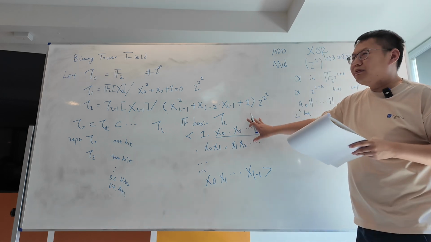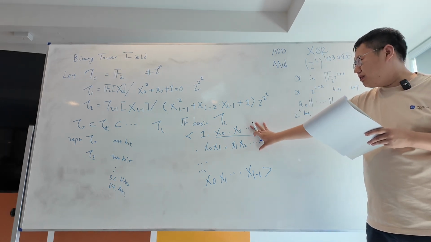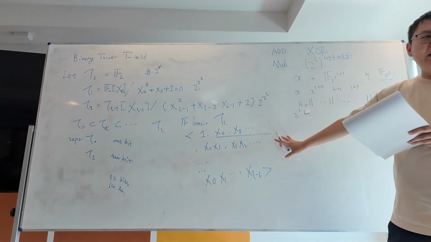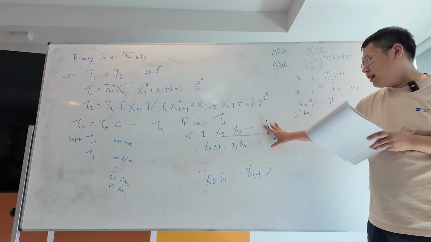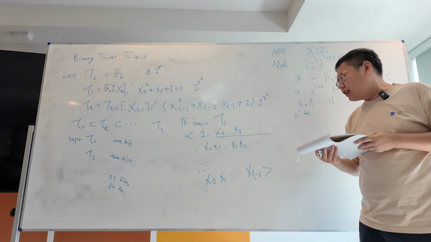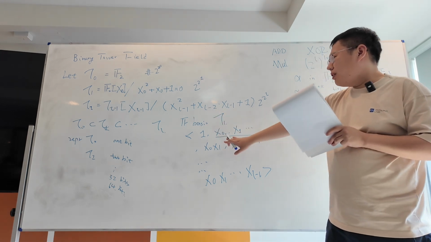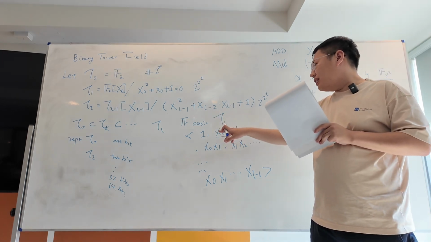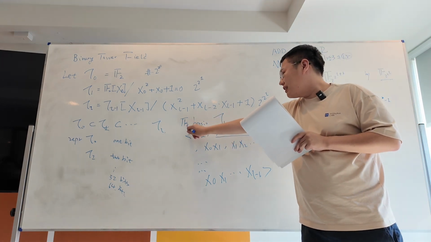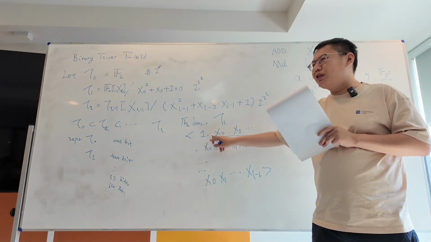And this will be the 2 to iota. So we will have 2 to iota many vectors, and these elements will be the basis of our field. And since this is an F2 basis, everything is just you pick them or not picking them.